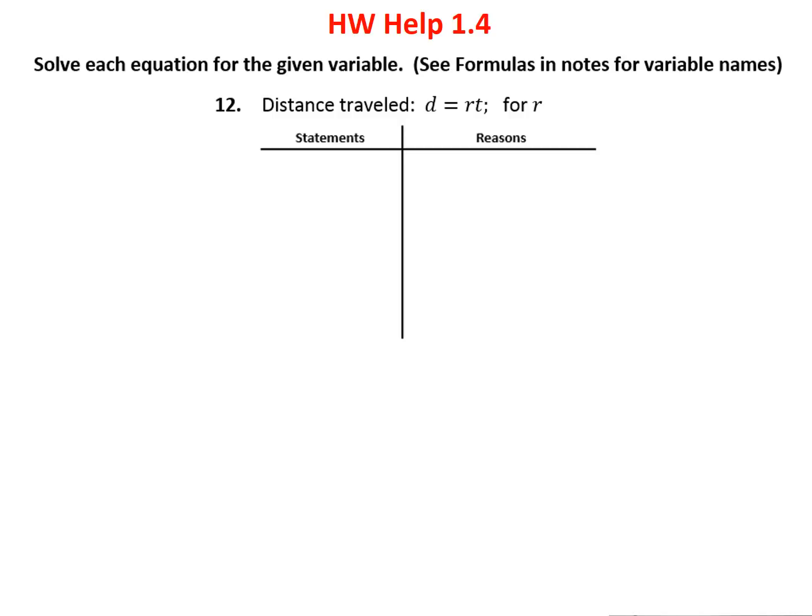Here's our distance traveled. Distance equals rate times time. That's just saying if you're going 20 miles per hour for 3 hours, 20 times 3, you'll go 60 miles. So let's write down our formula. Rate times time, that's the given. And they want us to solve it for the rate. Well, rate is being multiplied by time. So if I want to undo multiply by t, I divide by t.